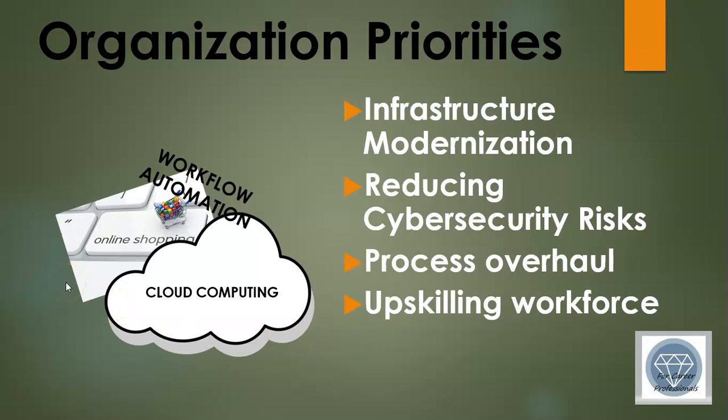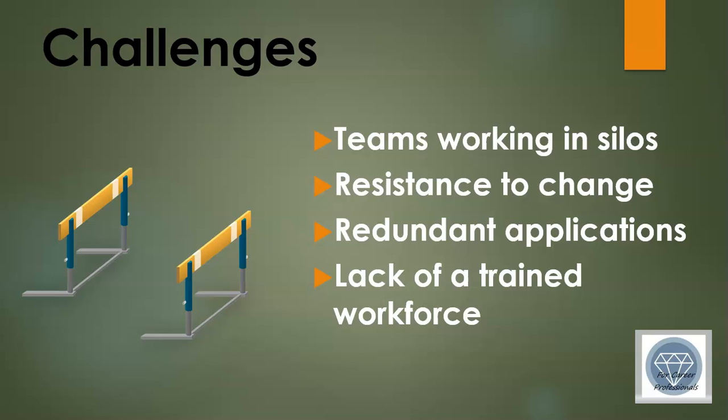So once you've determined what your organization priorities are, another thing we have to look at is the existing challenges that go along in pretty much every organization. Once you figure your organization priorities and nail them down, the next thing to look at is the challenges associated with your organization, or for that matter in any organization. These are some of the commonalities that are observed.